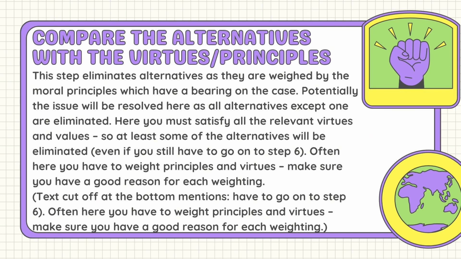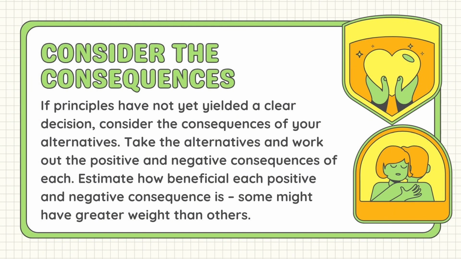Now let's have step 6, consider the consequences. If principles still don't give you a clear answer, think about the results of each choice. Every decision has both good and bad consequences. Our job is to weigh them carefully. Let's say you are supposed to decide whether to report a classmate who cheated during an exam.